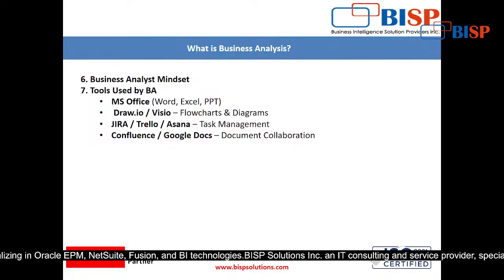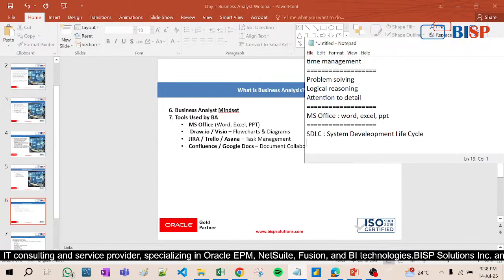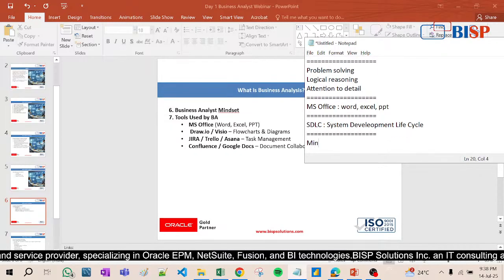A civil engineering project is like a business project, in which there are pre-sales, sales, and then whatever items, whatever inventory comes in, all these things. Now see here, one is the business analyst mindset, how it should be, the mindset of the business analyst. Let's take mindset, right?